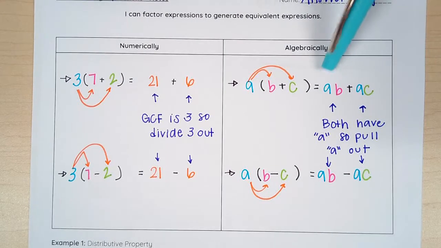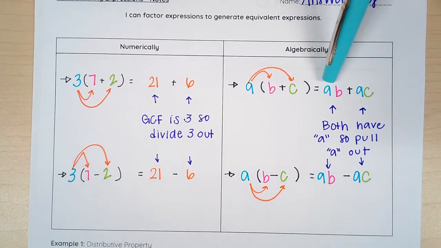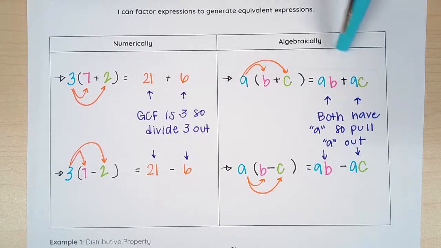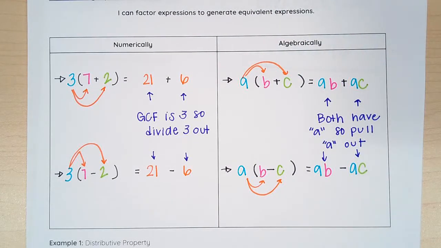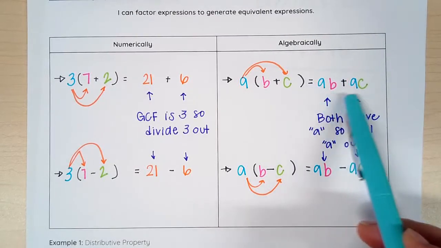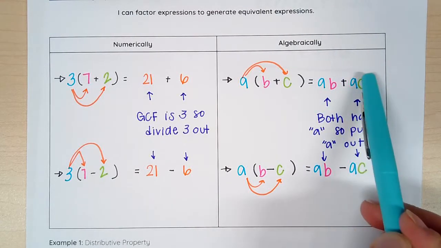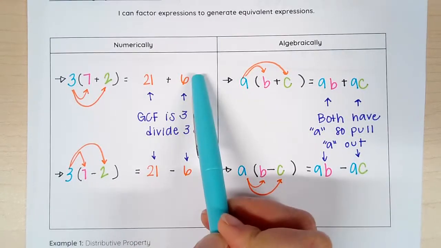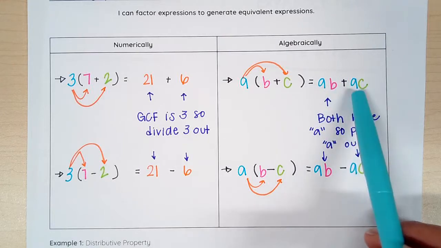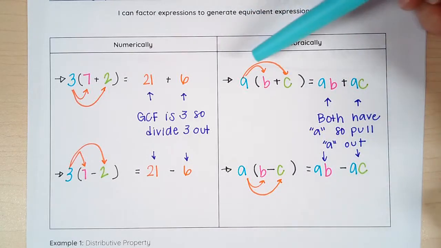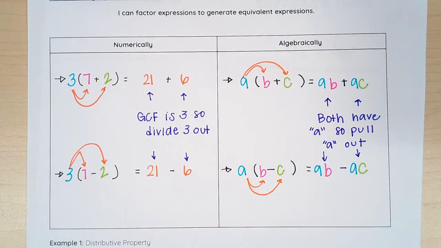So here, both of these have an A in common. So we can pull that A out, leaving just the B plus C inside your parentheses. Overall, your biggest goal here is to find something in your expanded expression that can be pulled out, something that both terms or all terms have in common, that can be pulled out of the parentheses.